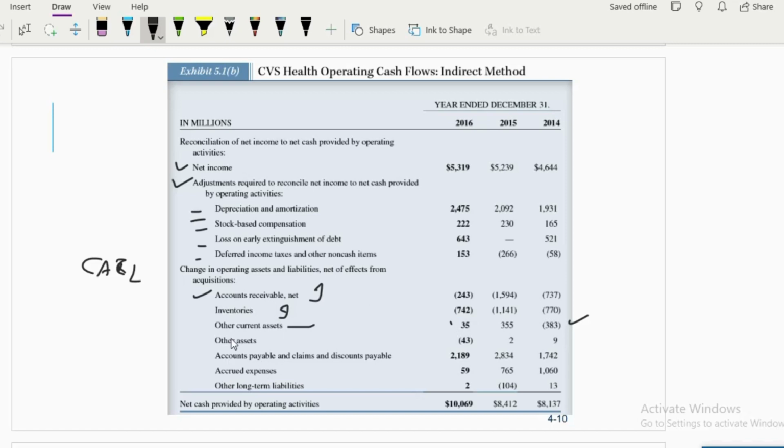Then other assets, so whatever categories were there in their balance sheet they have adjusted like this. Now you see the answer of this indirect method cash flow statement is exactly the same as what we found in the direct method, right? So this is how the difference between the direct and indirect method calculation can be noticed.